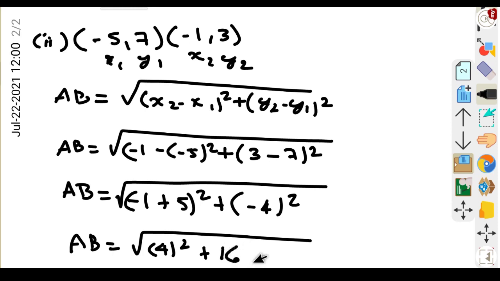Any minus square will be plus, so minus 4 square is 16, and 4 square is also 16. So AB equals under root of 16 plus 16, which is root 32.